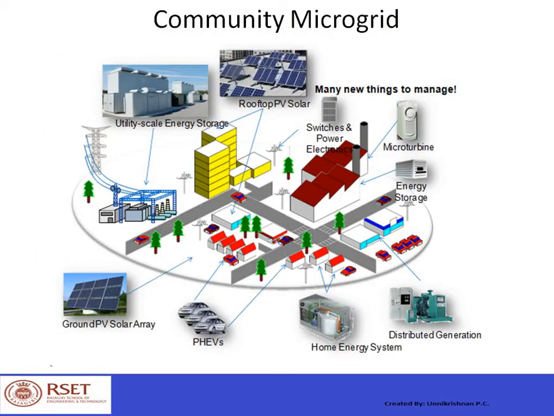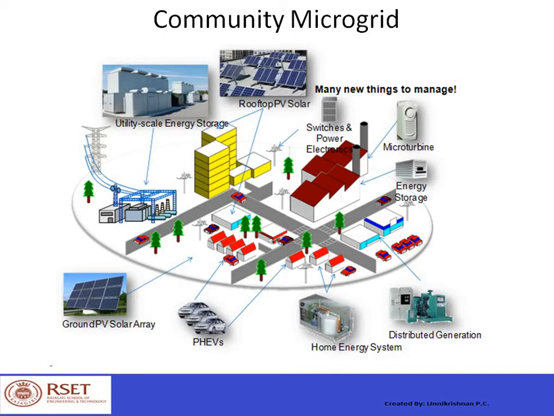This is a picture of a community microgrid. A community microgrid means a group of consumers come together with their energy resources, storage devices, load, and control station, small control units, so that they can independently provide the energy needs for themselves.